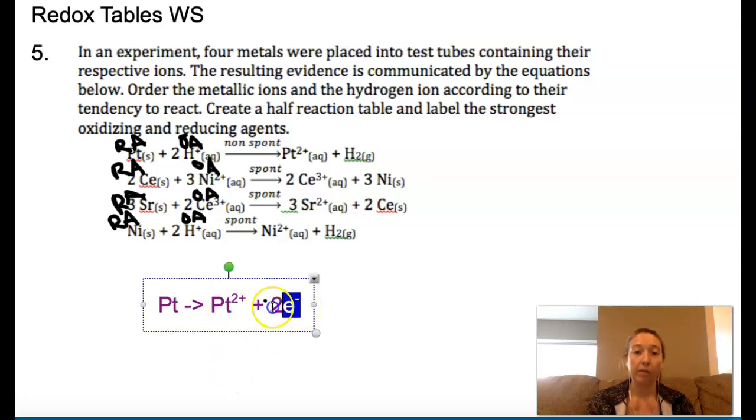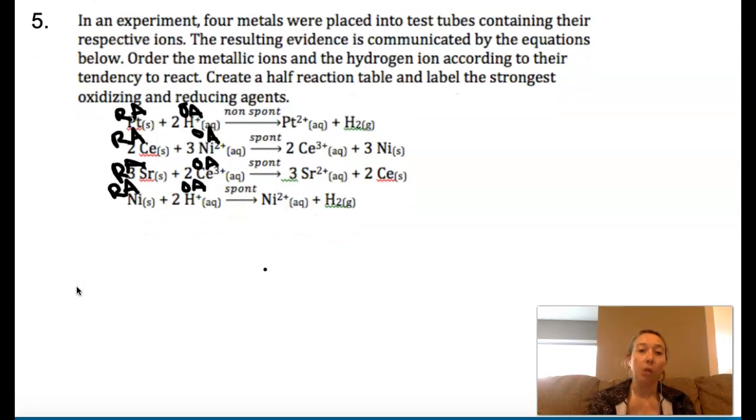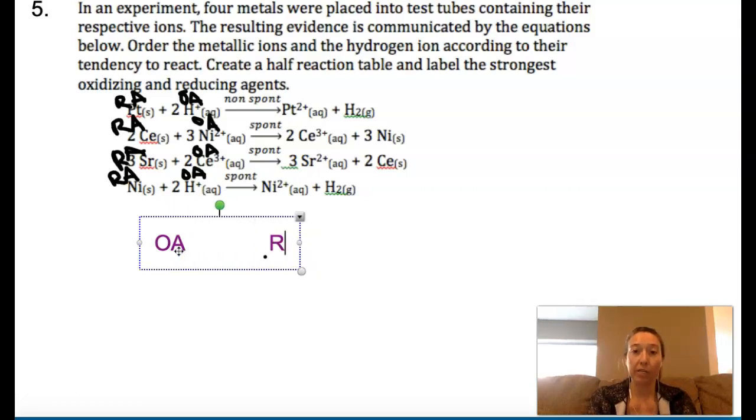Okay, now that we have decided that, I'm just going to get rid of this to make some room. Now we have to start ranking some stuff, okay? So if you think about how your data table is set up, it is set up so that we have all our OAs on this side and all our corresponding RAs over on this side, okay?